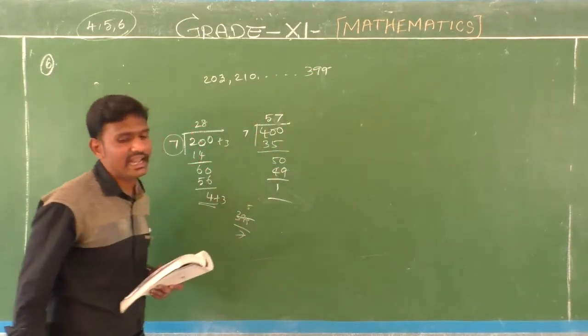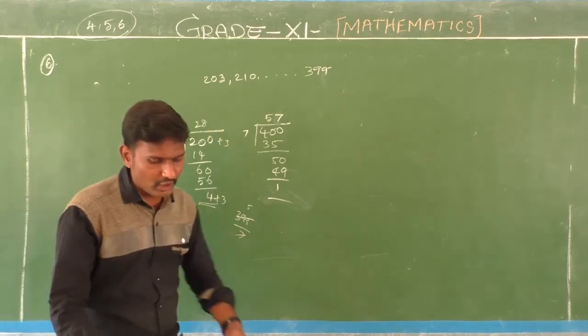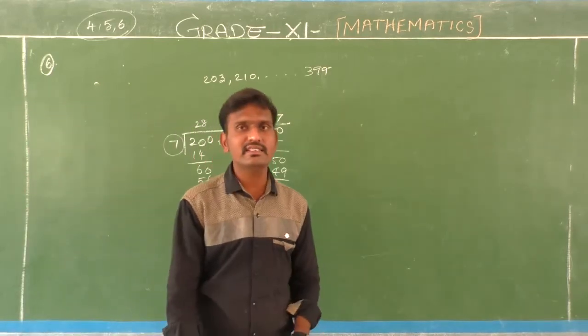So 399 is the last number that is divisible by 7.